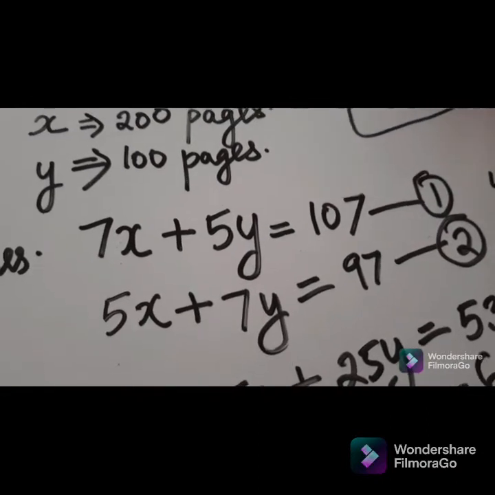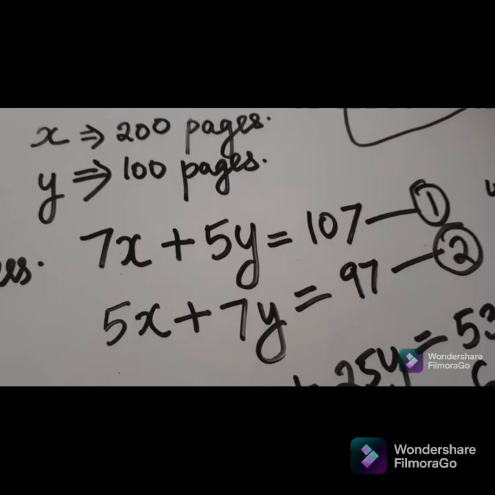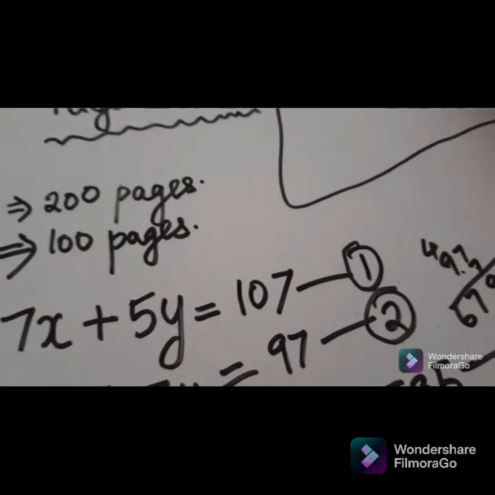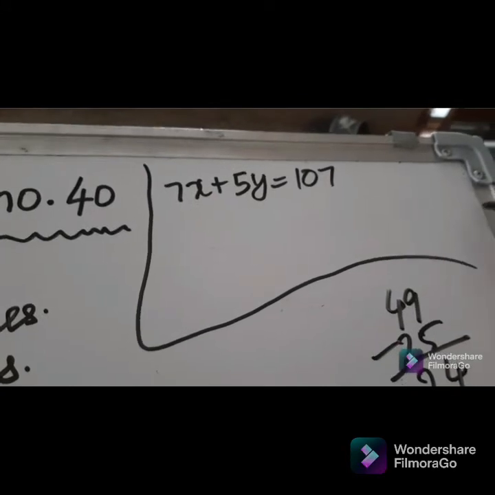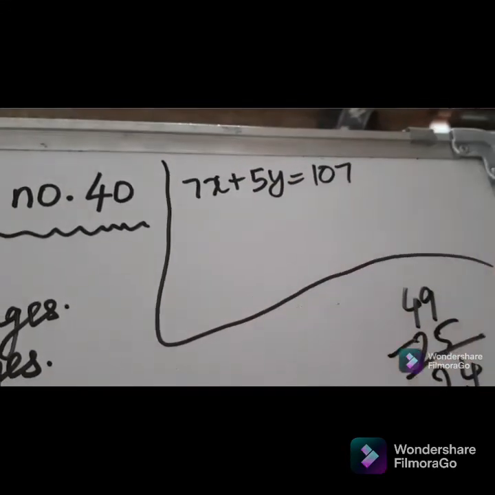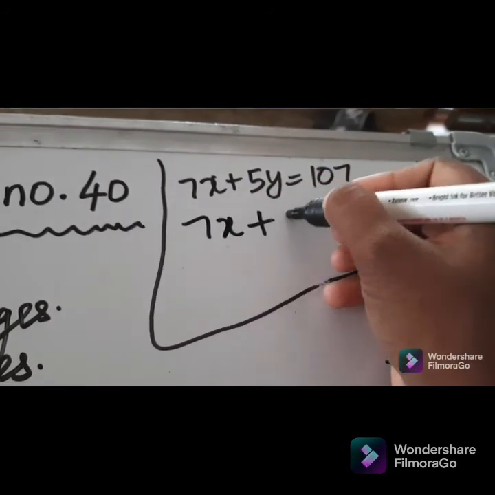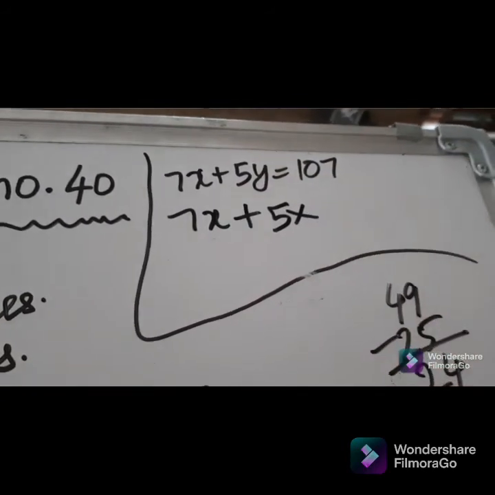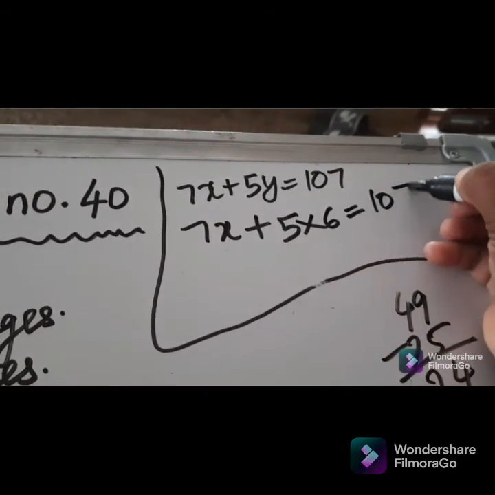Now we can put this value in equation 1. What is equation 1? 7x plus 5y is equal to 107. Here we give the value of y as 6. So 7x plus 5 into 6 equals 107.